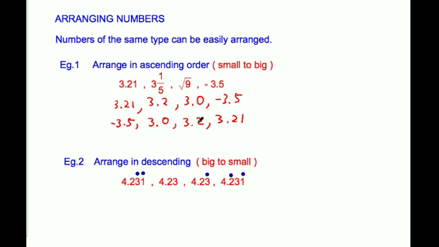Now, since these are not the numbers that we want to arrange, we need to convert them back into their original numbers. Hence, this is the result that we want in ascending order.